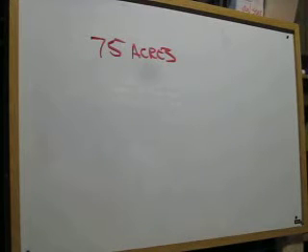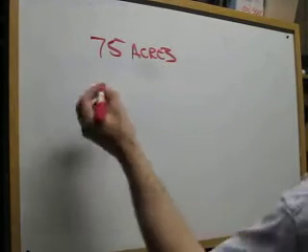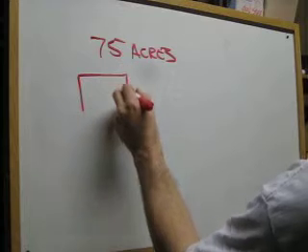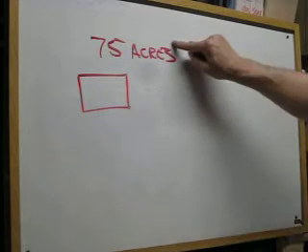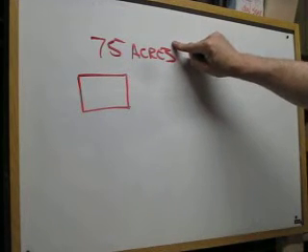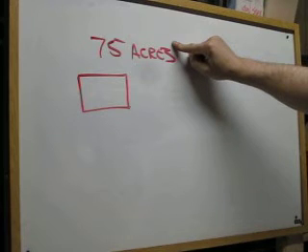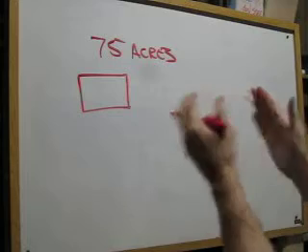Alright, so 8.2b, page number 581, top of the page, example 4. We're still dealing with the farmer with the 75 acres. What we've got here is 75 acres, which is in and of itself an area. That's why there's not a 2 up here. If it were feet or yards or meters, feet is always a length.